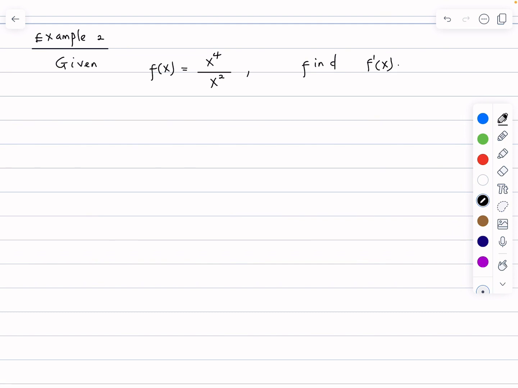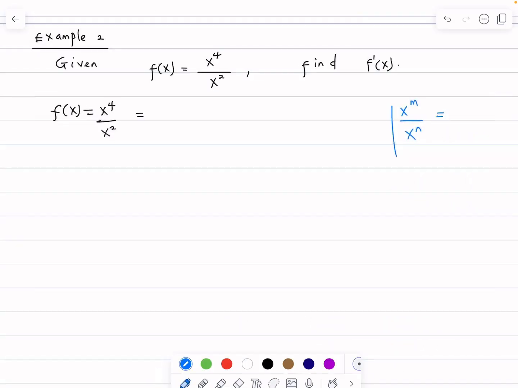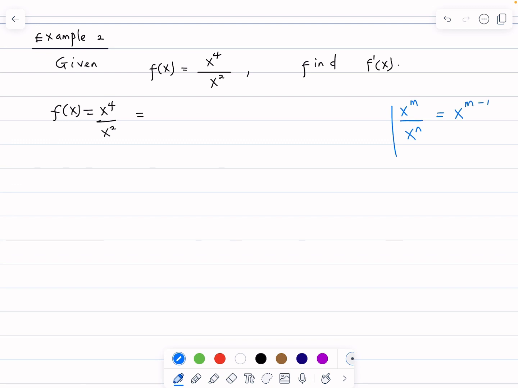So I have the function f of x equals x to the power of 4 divided by x squared. I can use the rule of exponents: if I have the same base and I'm dividing, let me write it by the side, x to the power of m divided by x to the power of n is just x to the power of m minus n.